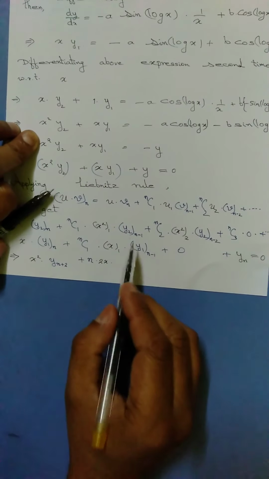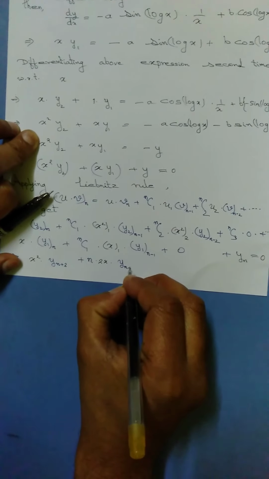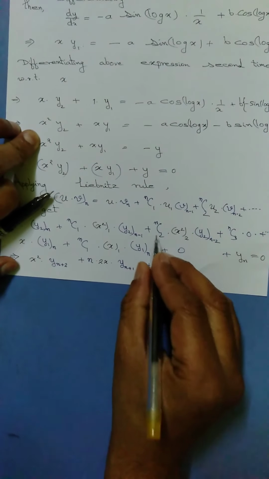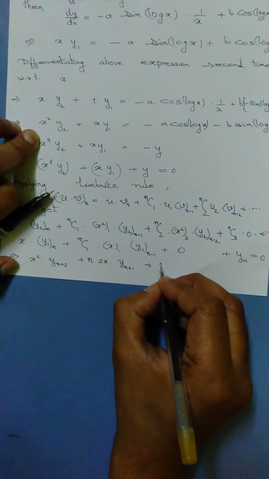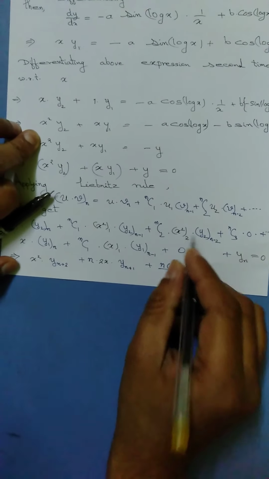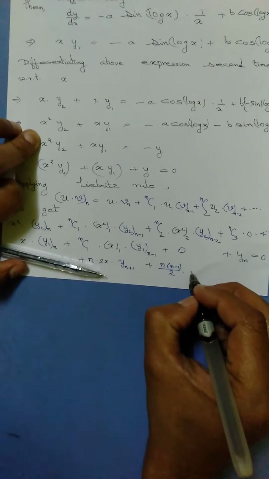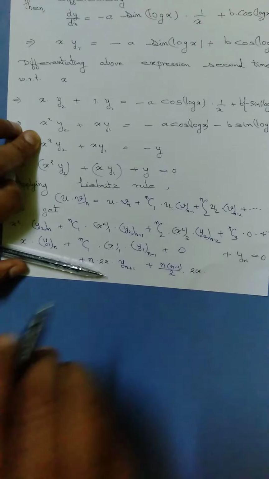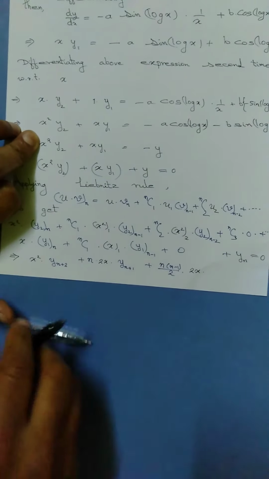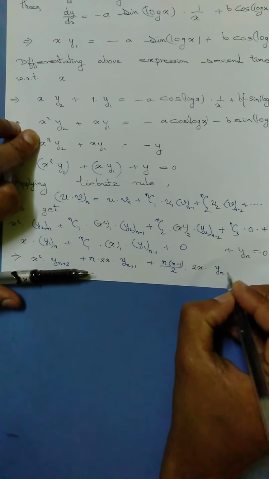So you have 2 plus n minus 1 is n plus 1th derivative of y. nC2 is n into n minus 1 by 2. Double derivative of x square, or second derivative of x square, is 2x, and your second derivative and n minus 2 derivative. In total you have nth derivative.